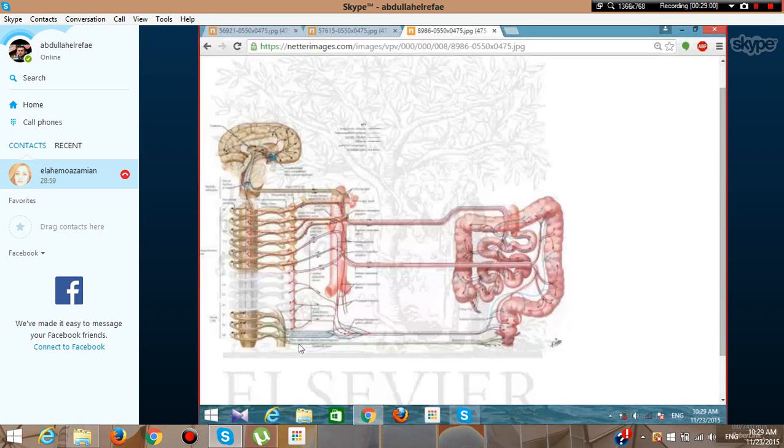Pelvic splanchnic nerve has parasympathetic. Very good. Okay, now look at the vagus. It's coming from brain. It brings the parasympathetic fibers to foregut and midgut. Do you see, till 2/3 of transverse colon?